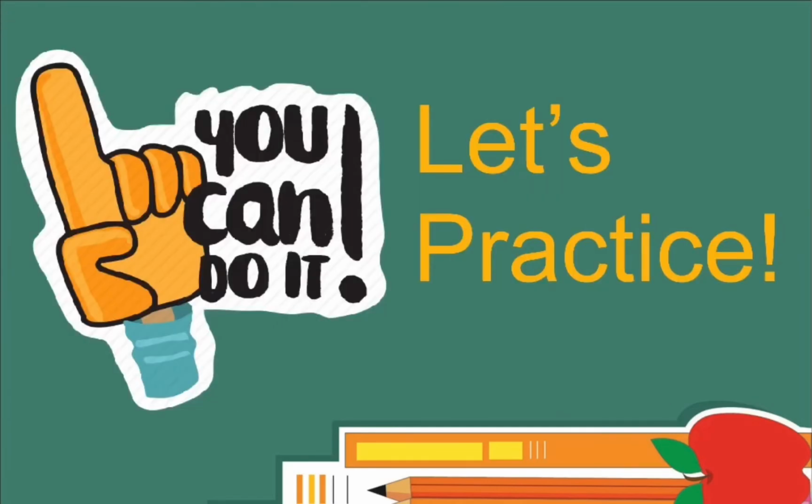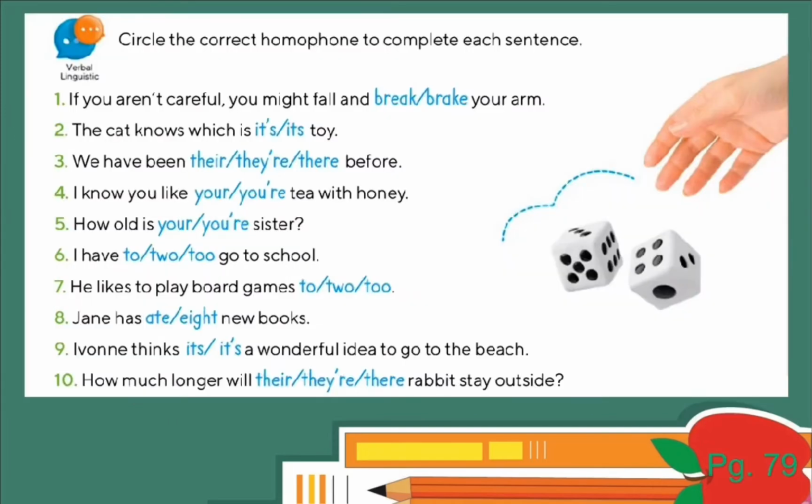Now, let's practice. In this first exercise, we have to circle the correct homophone to complete each sentence. Remember the context clue to check the other words and choose the homophone that makes more sense or goes better with the sentence. I will do 1 and 2 with you, and then we are going to check it all together. Number 1.